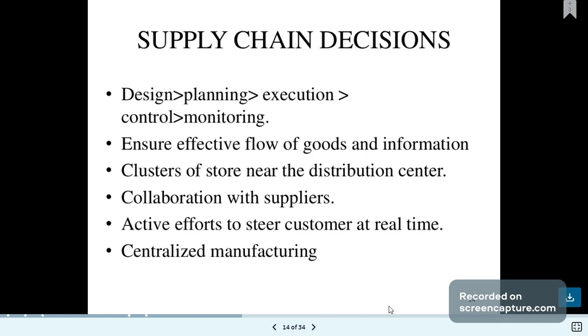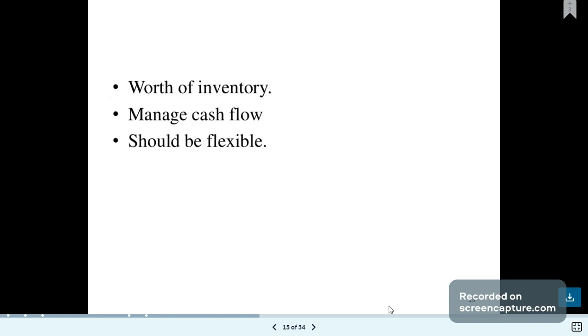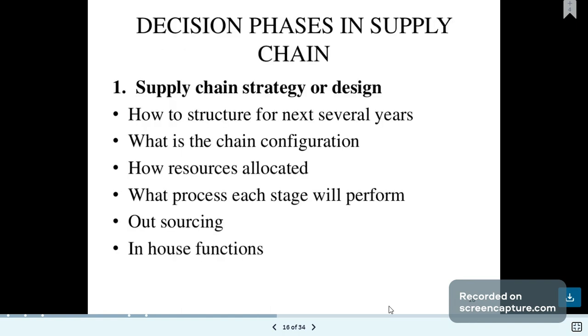Clusters of stores near the distribution centers, collaboration with the suppliers, active efforts to serve customers in real time, centralized manufacturing, worth of the inventory, manage cash flow, and be flexible.